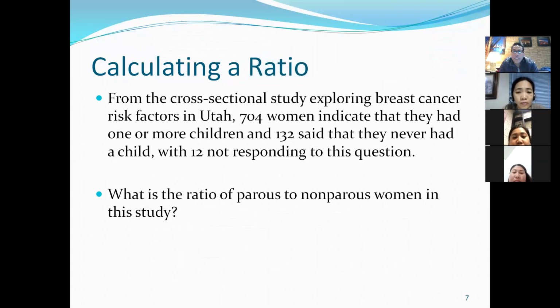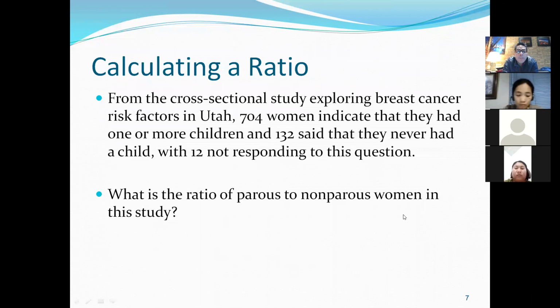What is the ratio of parous to nonparous women in this study? We'll go to your chat section. The definition for parous are those with children, and nonparous are those women with no children.